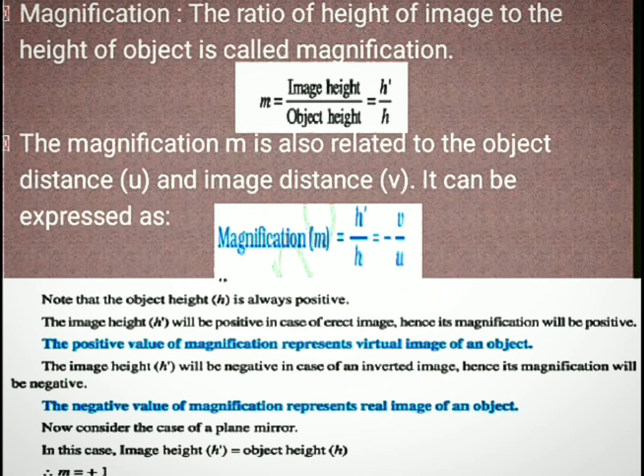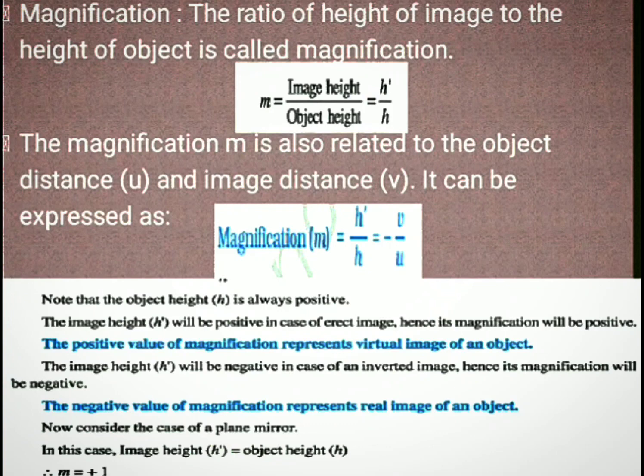Note that the height of the object is always positive. Since the object is placed along the y-axis vertically, its height will be taken as positive, whereas the height of the image, that is h dash, can be either positive or negative. If we obtain an inverted image, then the height is directed towards the negative y-axis and it will be considered negative.